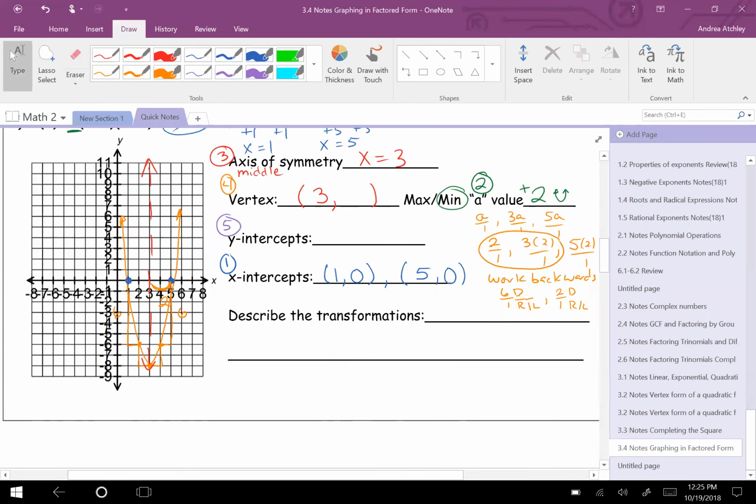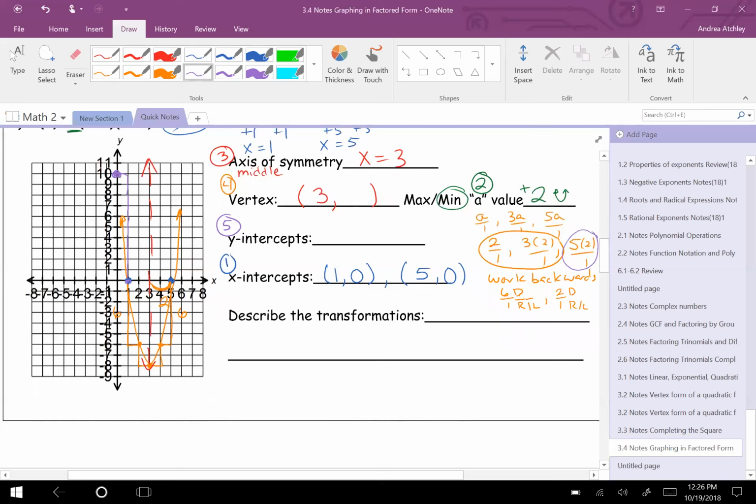Can I see my y-intercept? Do I see where it crosses? No, but I can figure it out because I can go up, right? I could use that last step. Go from my x-intercepts and go up 10 and over 1. So I'm going to go up 1, 2, 3, 4, 5, 6, 7, 8, 9, 10 and over 1.